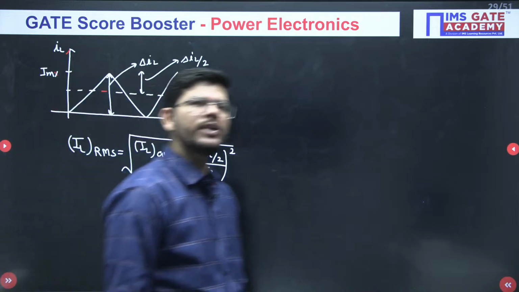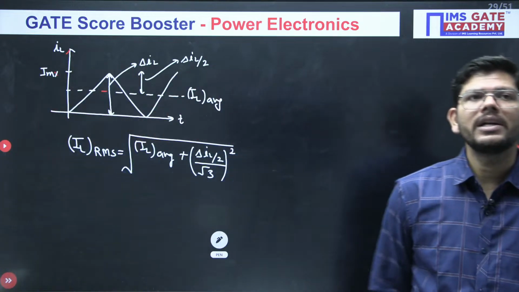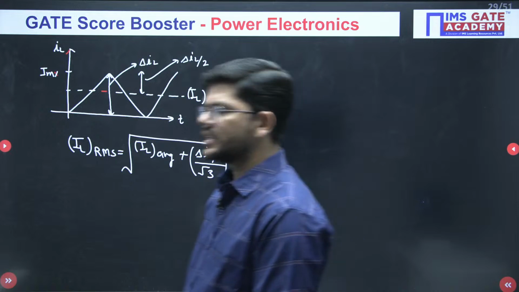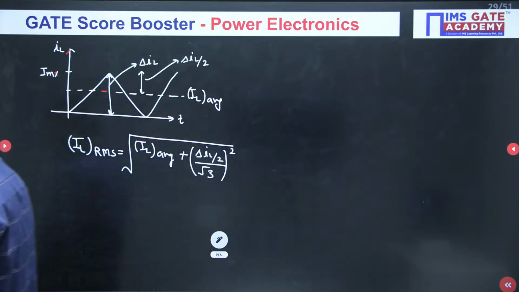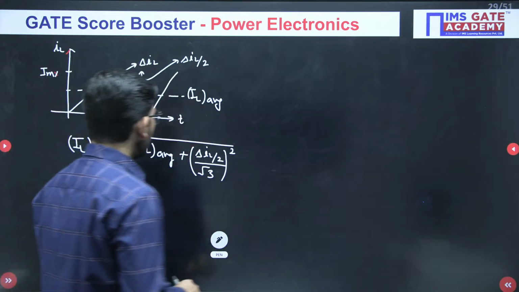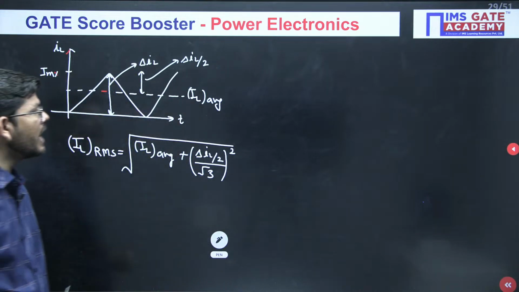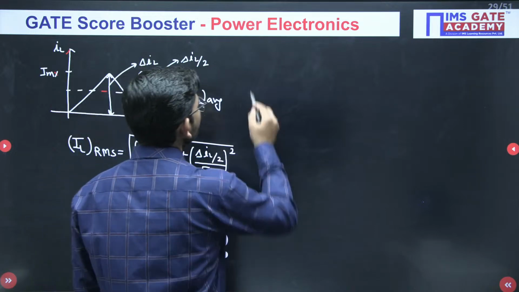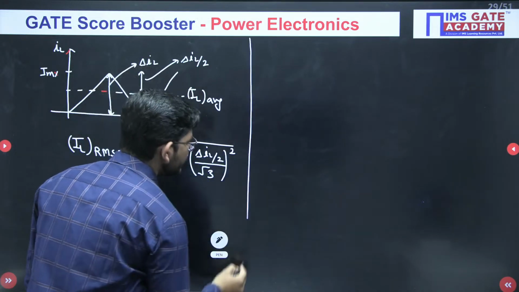This is what you have to apply here. So you need two values, delta IL and IL average again. So we need delta IL, and we need the value of IL average.